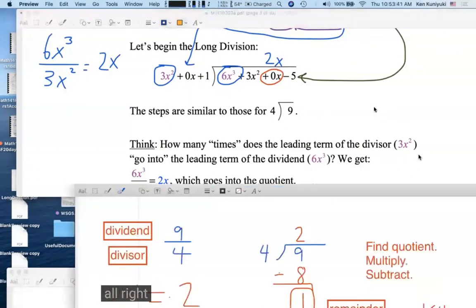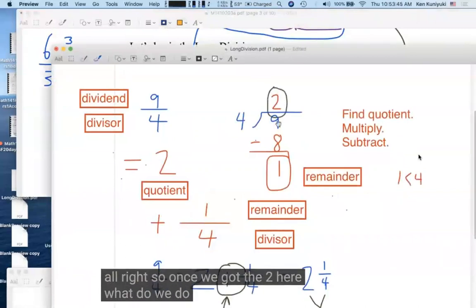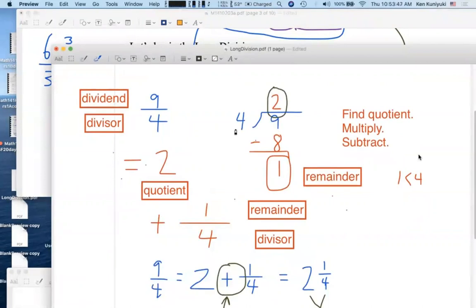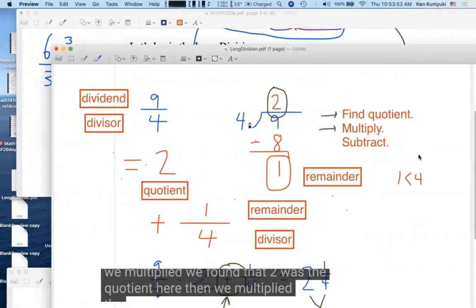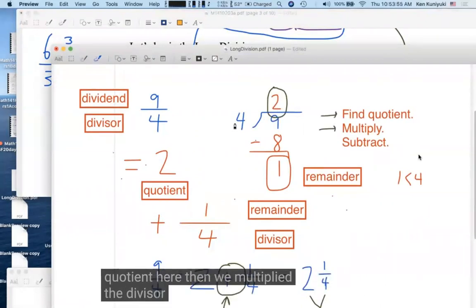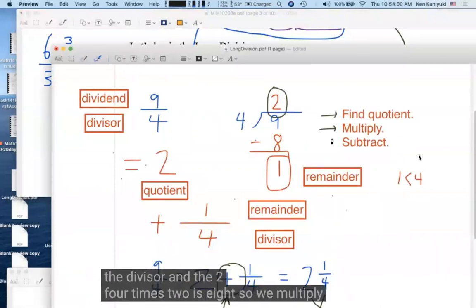All right, so once we got the 2 here, what do we do? We found that 2 was the quotient, then we multiplied the divisor and the 2. 4 times 2 is 8, so we multiply.